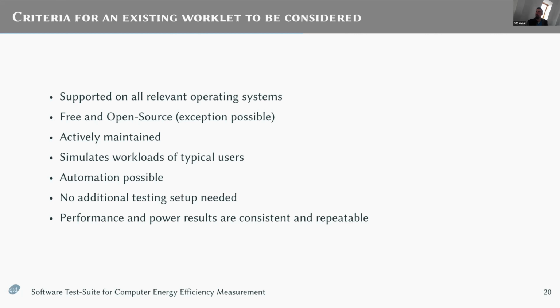Automation needs to be possible, because otherwise you can't do the test when you have to manually type in numbers somewhere or whatever. So automation is a critical point. It shouldn't add anything to the already existing test setup, so no special hardware or anything else like an internet connection.